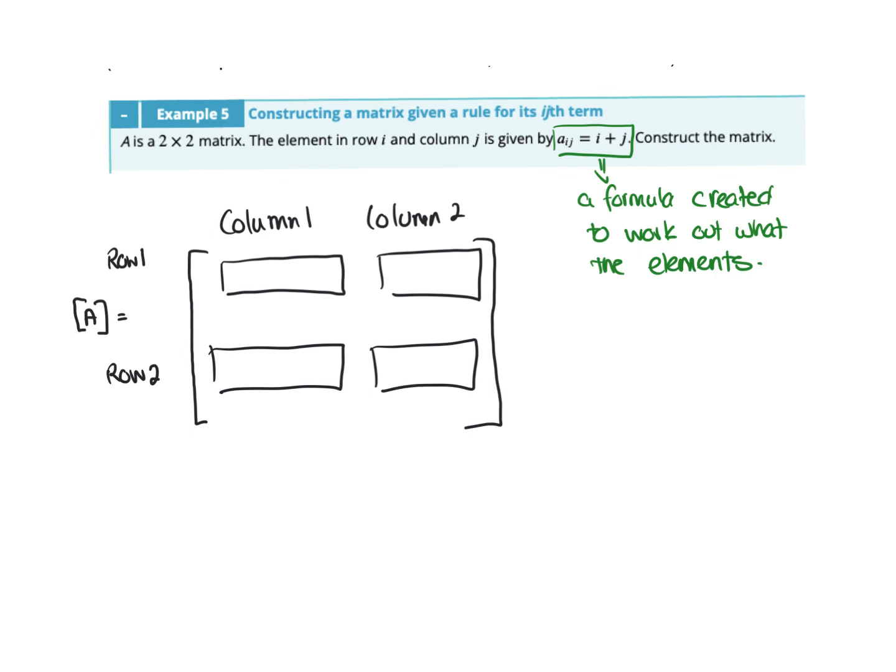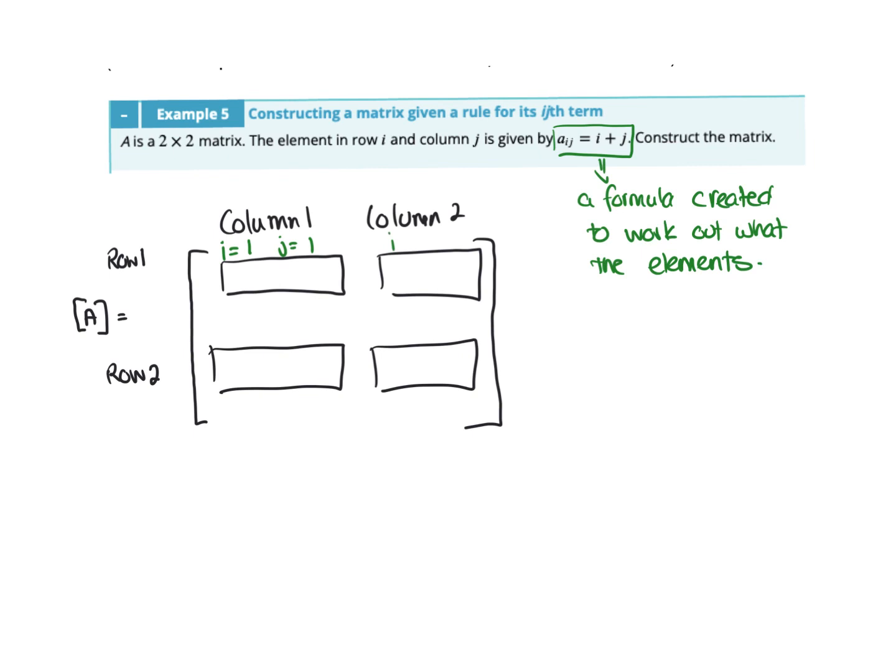Now, the way I create the elements is to use that rule. Just above it, what would this spot's i number equal, if it was in that top left-hand corner? 1. And what would its j equal? 1. Good.